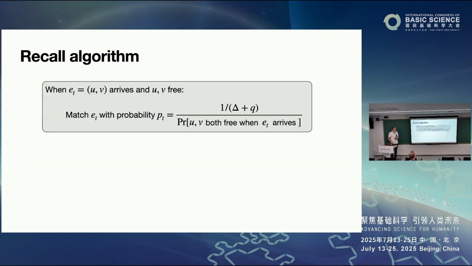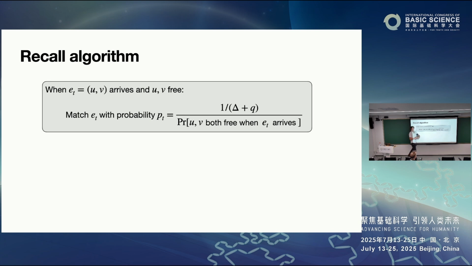So remember the algorithm. There is actually some devil in the detail. When I say the probability that U and V are both free when e_t arrives, is this quantity the global scaling factor, the probability of U and V being free over all the randomness of the algorithm, which is hard to calculate?